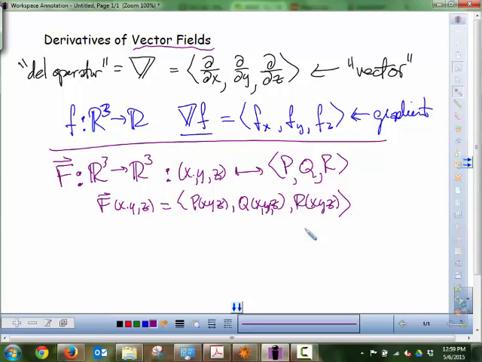Then we have a vector field, and so that is now a vector with 3 functions, P, Q, and R, and we can apply the del operator to that via the 2 different multiplications that we've learned. So let's first do the dot product.